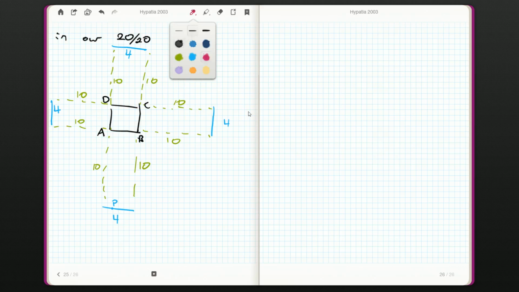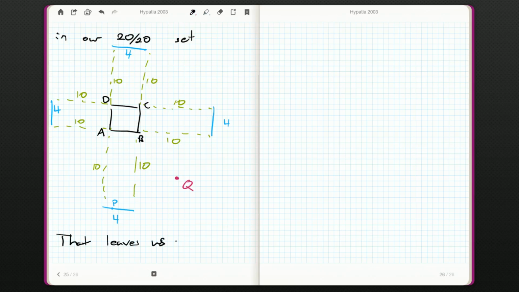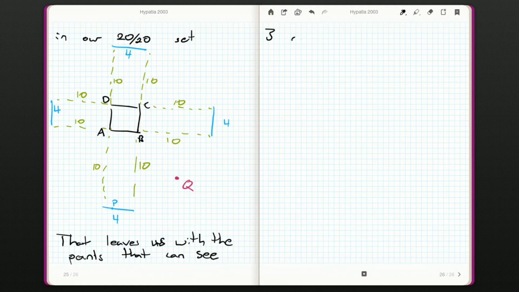So there's one other case, and that's the case of Q, which is sitting about here. Q can see 3, can see A, B, and C. So that leaves us with the points that can see 3 corners.